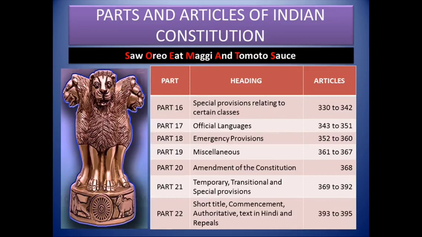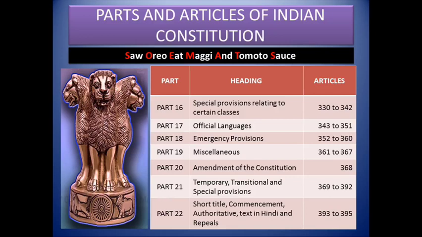This is the last section, part 16. Special provisions relating to certain classes. So the tip I am giving is: saw Oreo, eat Maggi and tomato sauce. I can elaborate that I saw Oreo biscuit, but I eat Maggi and tomato sauce.